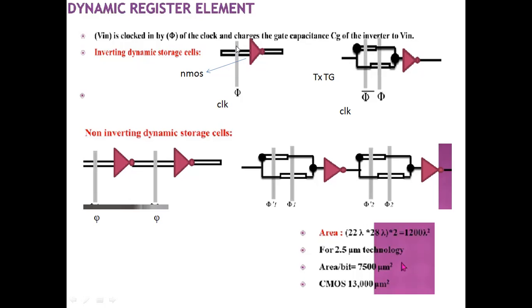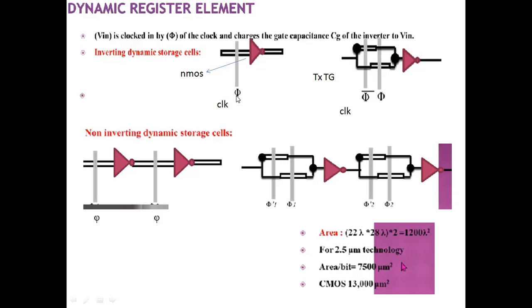So we call this a dynamic resistor element, and it is of the type inverting dynamic storage cell. Here we have the formation of the transistor, and for the gate I will be applying the clock signal. This represents an NMOS transistor.